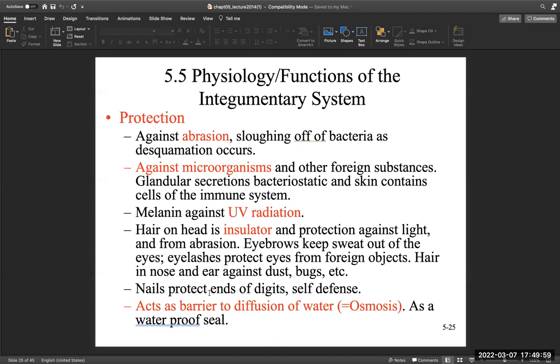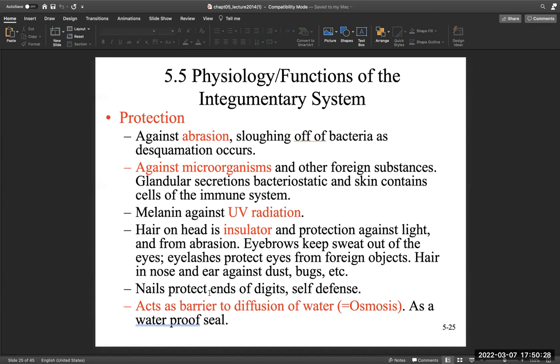Now, the sloughing off, this protection against abrasion, is really protective as well against bacterial overpopulation. So what happens is we'll always have bacterium on the surface of our epidermis, but due to the fact that we have the cells from the very bottom being pushed from newer cells, then those cells, after a couple days, get pushed up further with even newer cells.